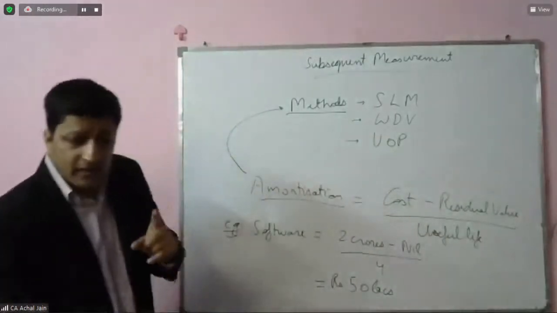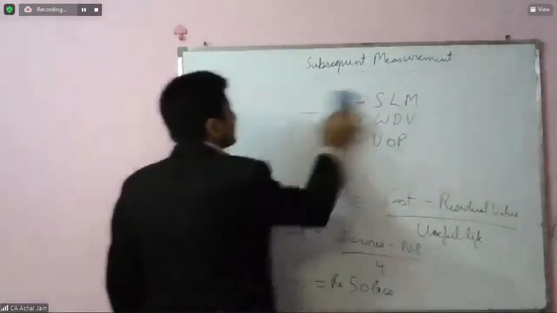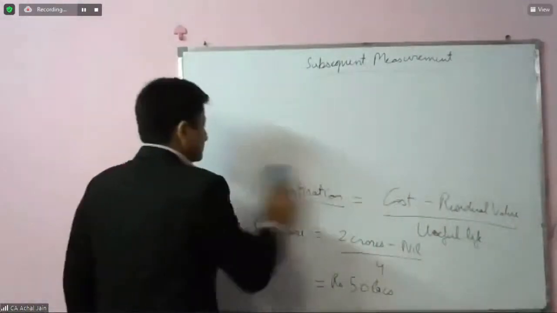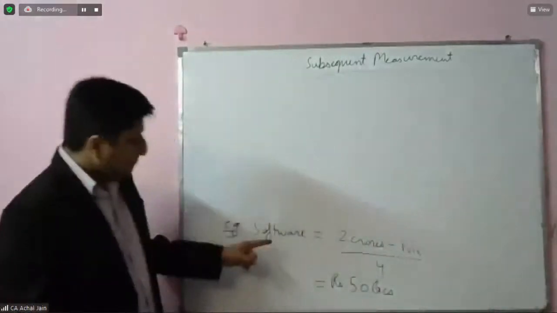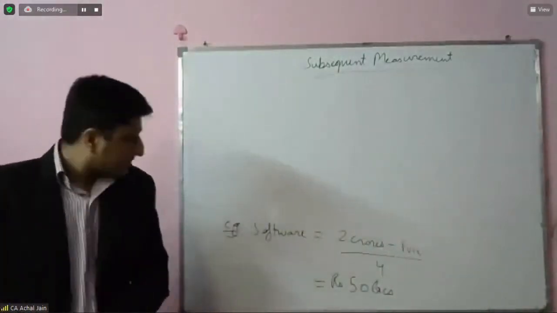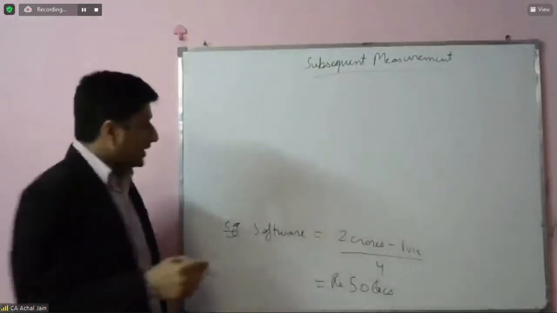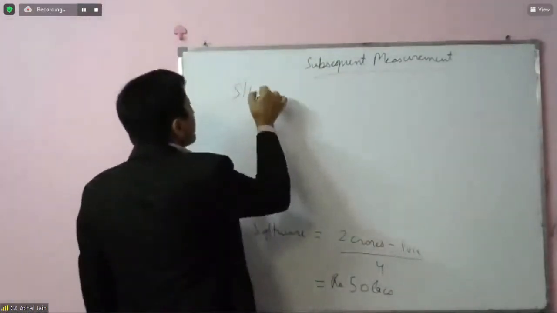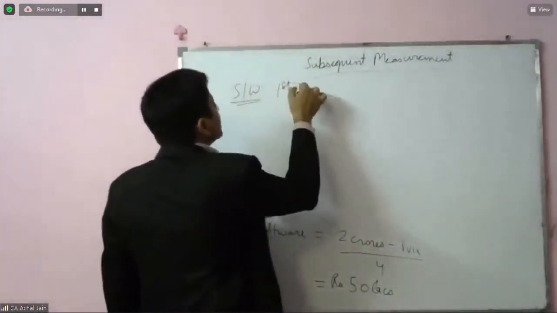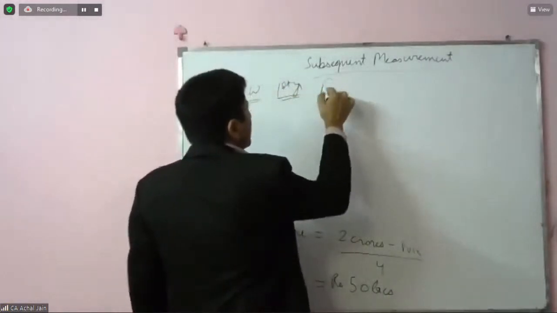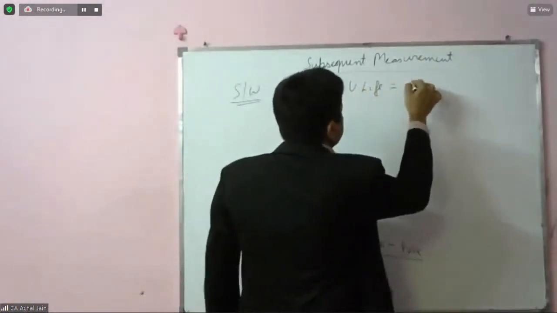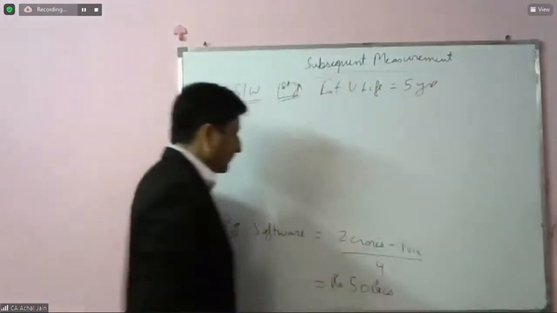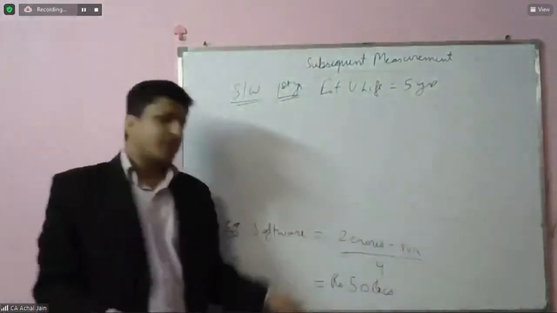And let me just try to explain this. So I'll just pick up this same example of software. Let's suppose for software, in the first year, we estimated useful life to be 5 years. Now, instead of 4, I'm making it 5.